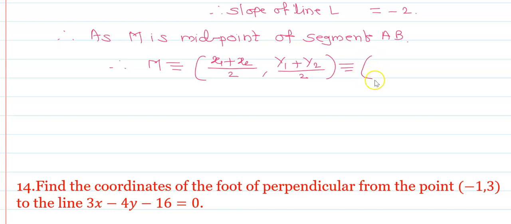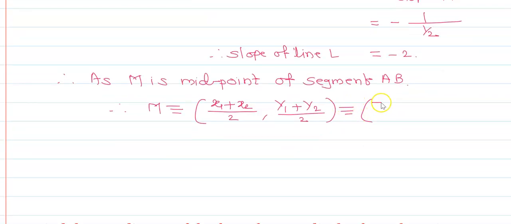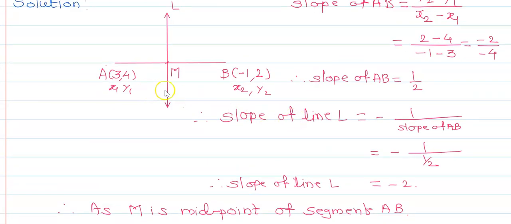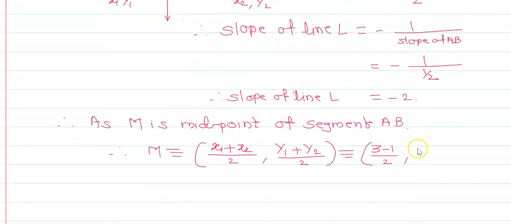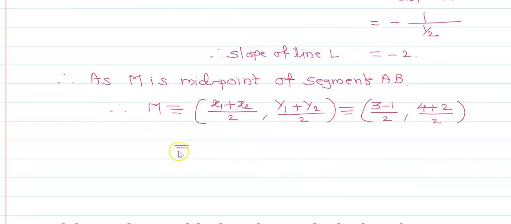And this gives 3 minus 1 upon 2, and 4 plus 2 upon 2. This equals 3 minus 1, that is 2, 2 upon 2, you will get 1. 4 plus 2, 6, 6 upon 2, you will get 3.